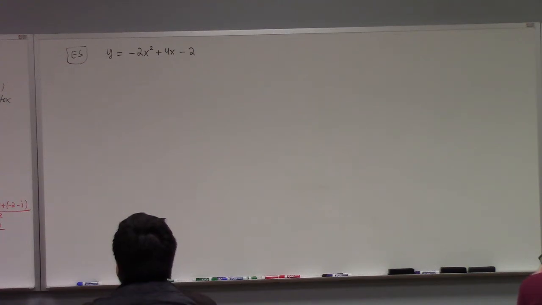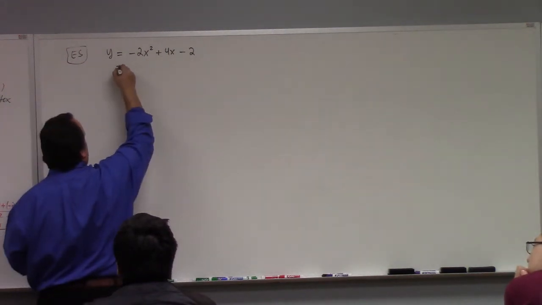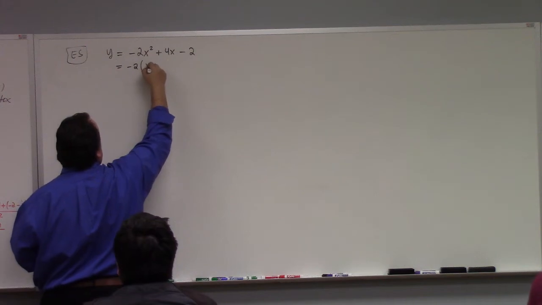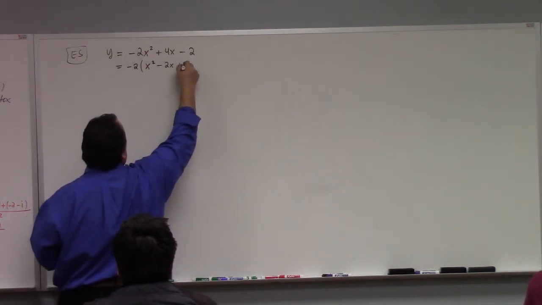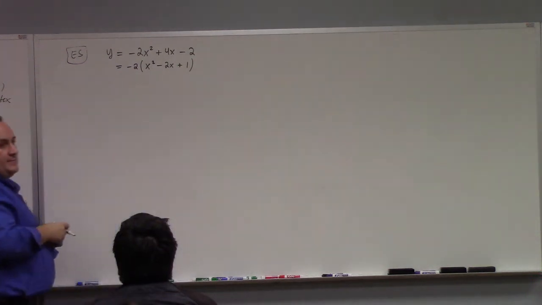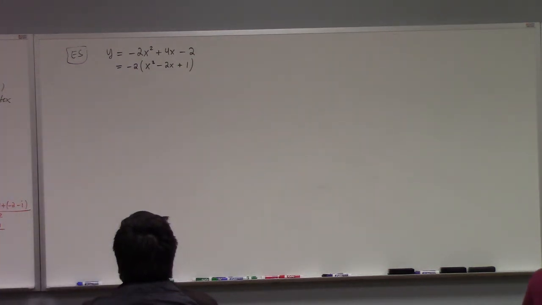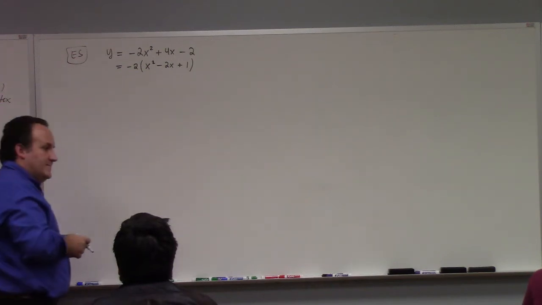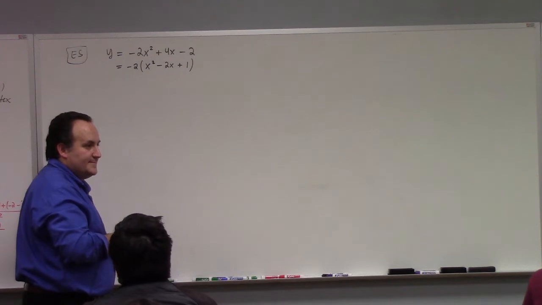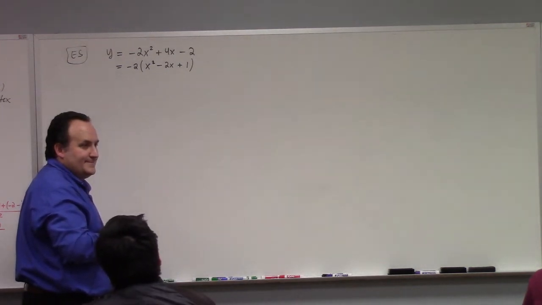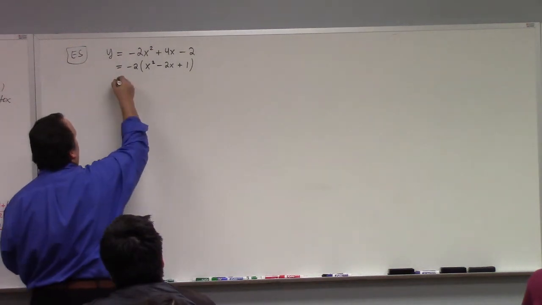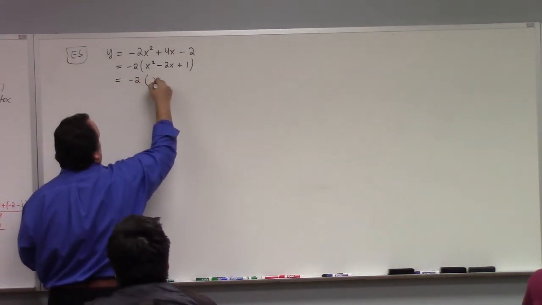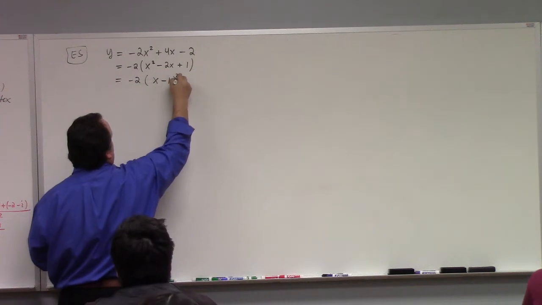So factor out the minus 2. Then we've got x squared plus 2x plus 1. Now what? Minus 2 times x plus 1 squared? Yeah.